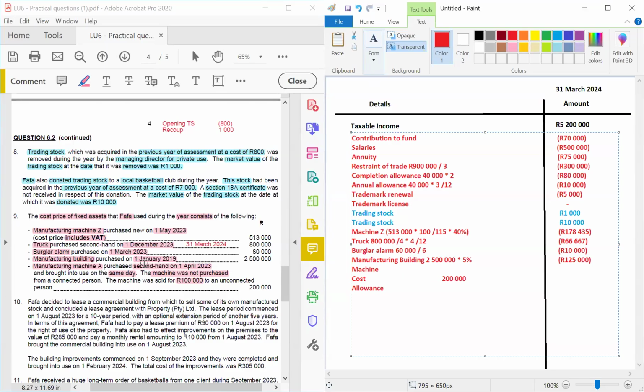In this case, we would take the 200,000 multiplied by 20%, which gives me 40,000.